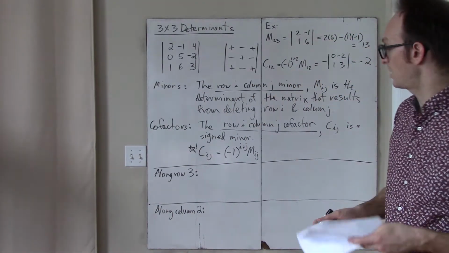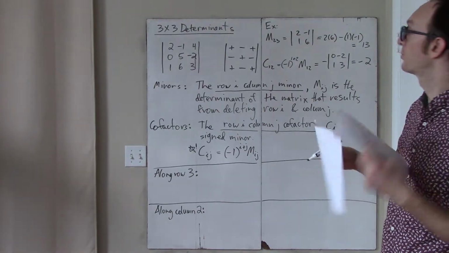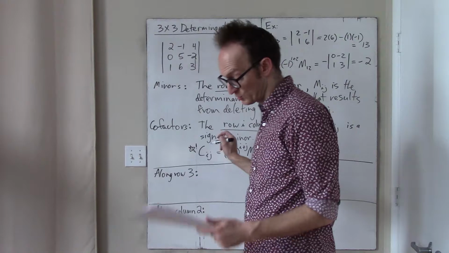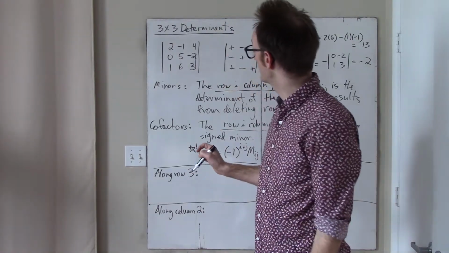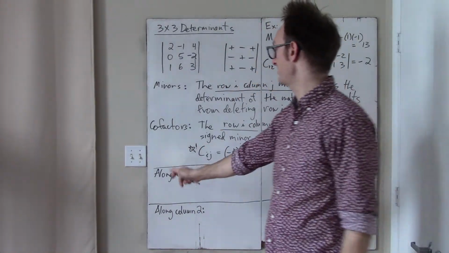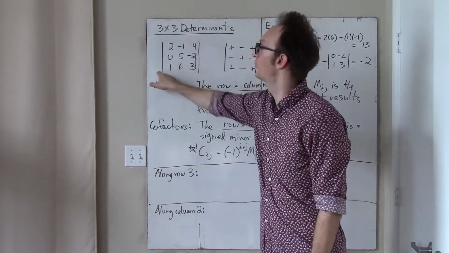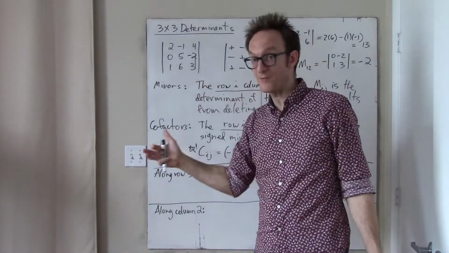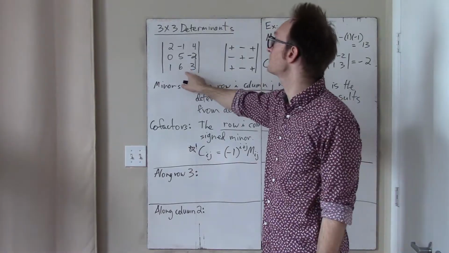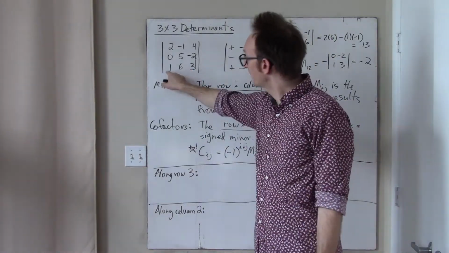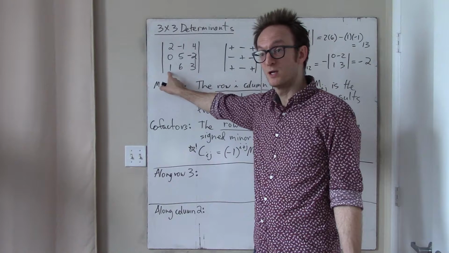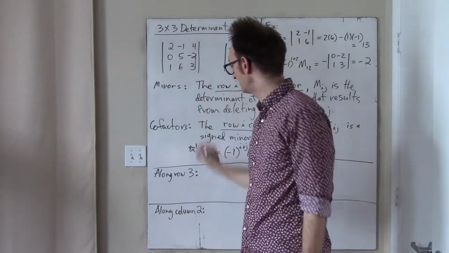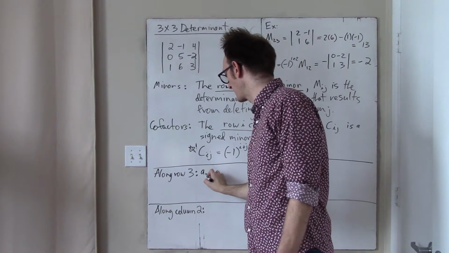What does it mean to go along row 3? Well, basically, here is the formula for how to do this. You choose a particular row or column. Here I have arbitrarily chosen row 3. And what you do, here I'm giving out the answer to how you do this 3 by 3 determinant. You go to the first entry in row 3, which is this thing. So that's A31.